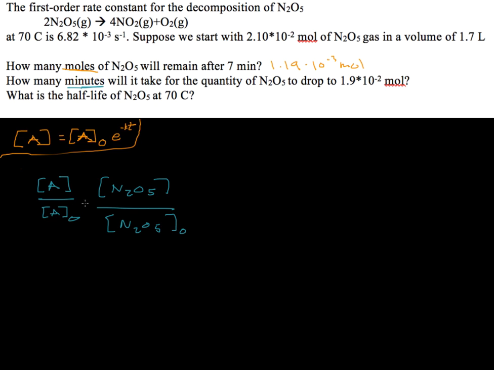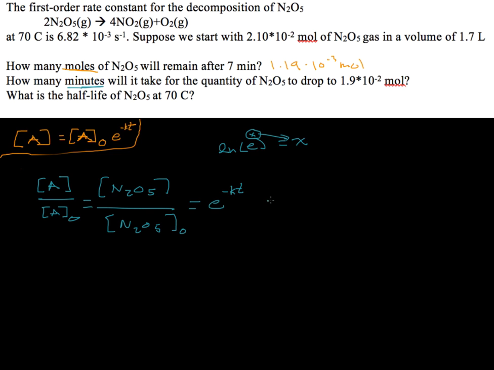For the purposes of simplicity, I'll just make these equal to each other. And so we'll have this equals e to the negative kt. And if you've ever worked with logarithms, you know that the natural log of e to the whatever value just equals that value. So that'll make things a little bit simpler here.